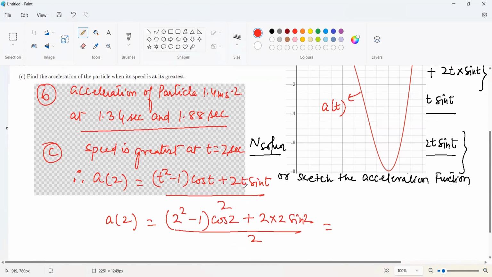This is going to give you the acceleration at t equals 2 seconds. Time is in radians, I mean sine and cos, t is in radians. So when you substitute, you're going to get the acceleration approximately 1.19 meters per second squared.